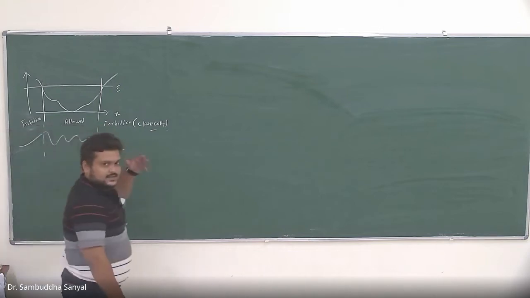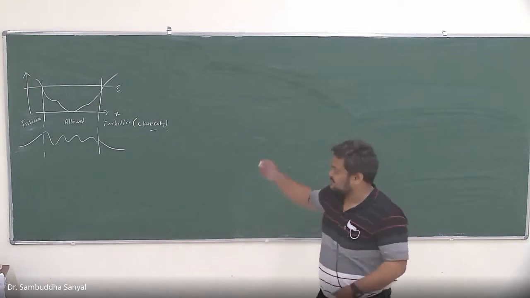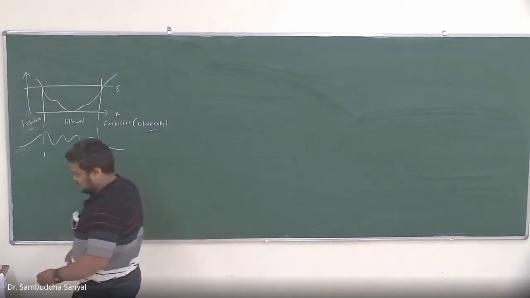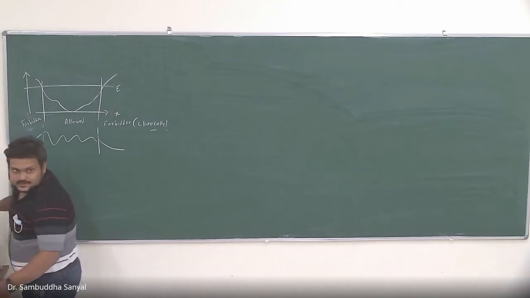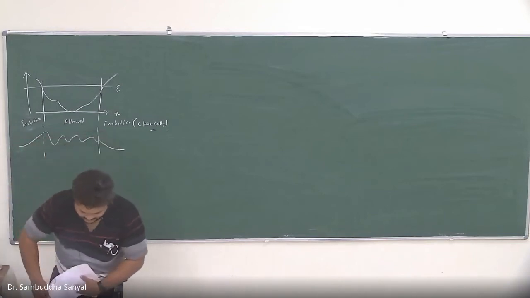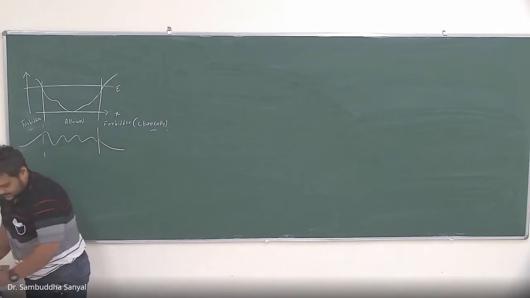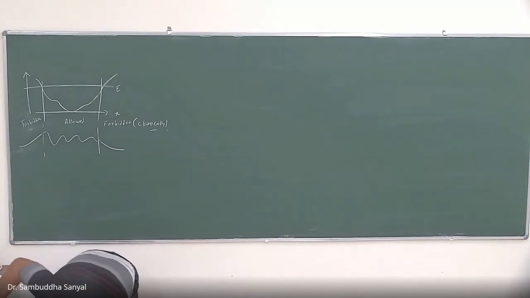How many oscillations, that depends on the energy, right? So let's discuss this a little more, what the possibilities are. Up to this, everything is fine, right? Yeah. So this phenomenon is called tunneling, and this is the core phenomenon of all electronics that we use today.